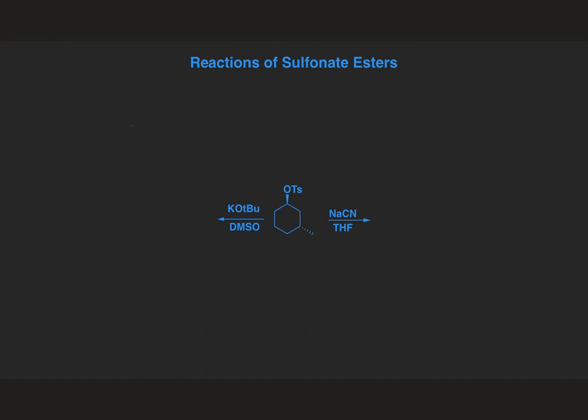If we react that with sodium cyanide, which is going to break up into a sodium ion and a cyanide ion, cyanide is a weak base, but it's a pretty good nucleophile. And so it's going to attack this tosylate and kick that OTs group off in an SN2 type reaction.